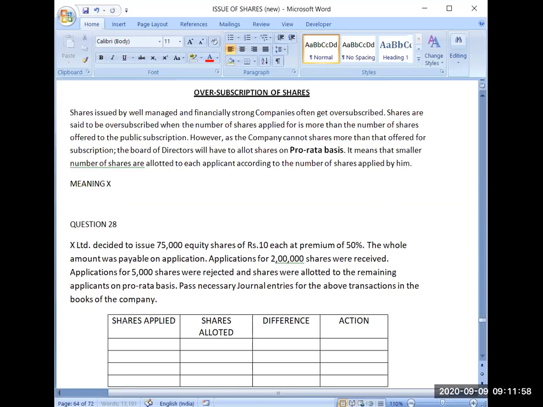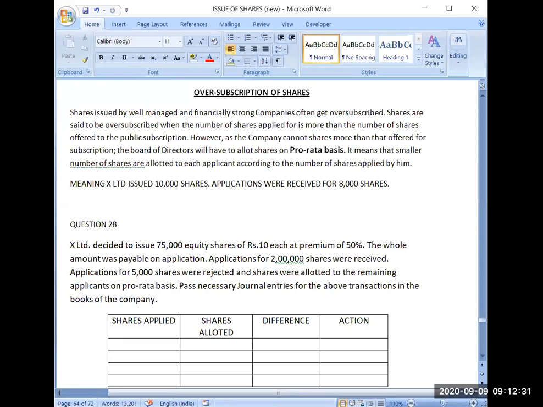Suppose X Limited issued 10,000 shares and applications were received for 8,000 shares.